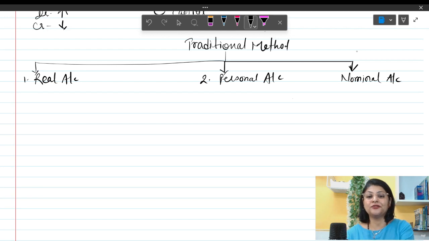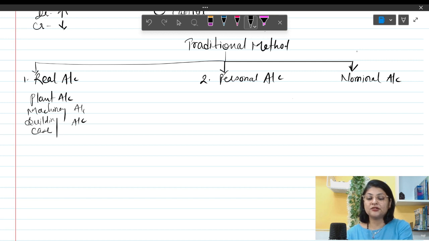Under real account, we have all the asset accounts like plant account, machinery account, building account, cash account, stock account. These are the accounts known as real accounts, which have physical existence or which are real assets.